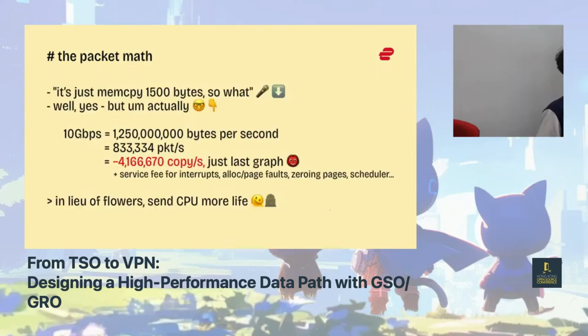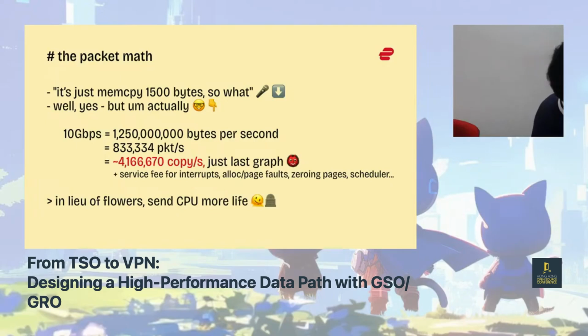Some people may say, hey, a packet is a maximum of 1,500 bytes. It can't be that bad, right? But consider this: if you are doing it at server scale, like 10 gigabits per second, you are actually moving a crazy number of bytes per second.